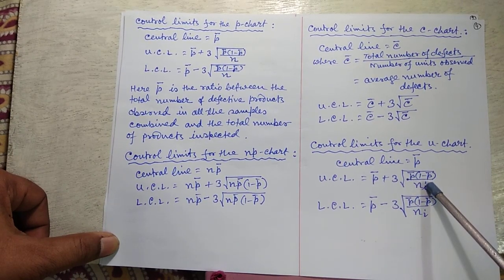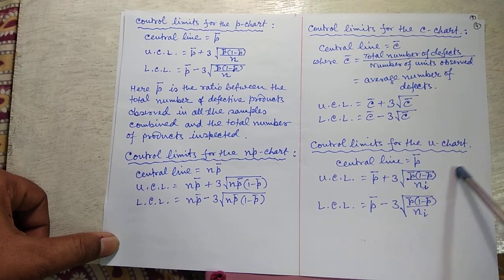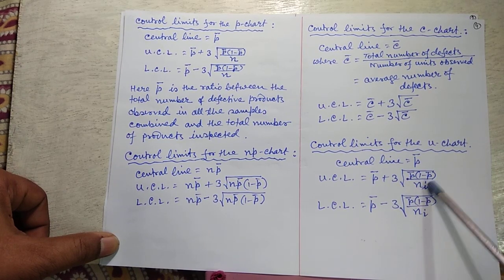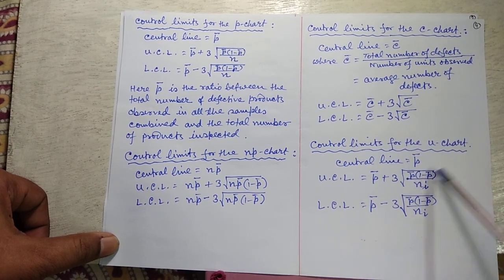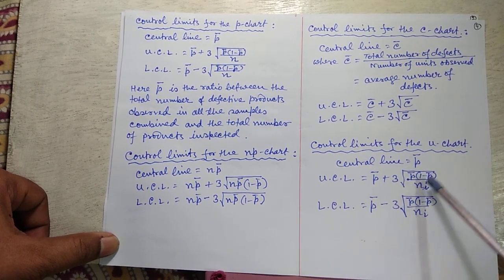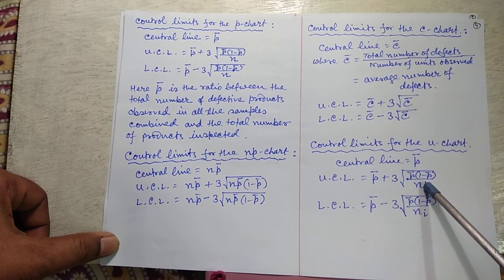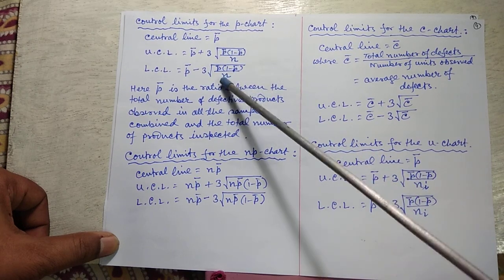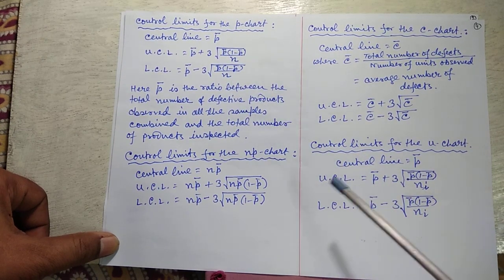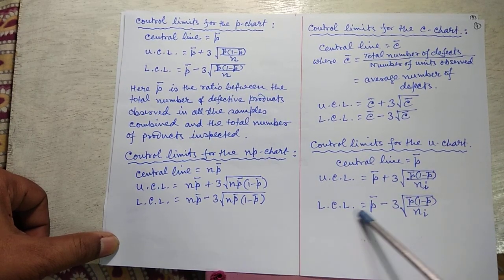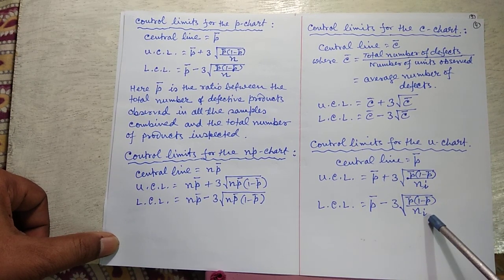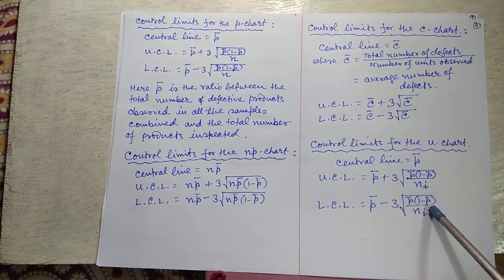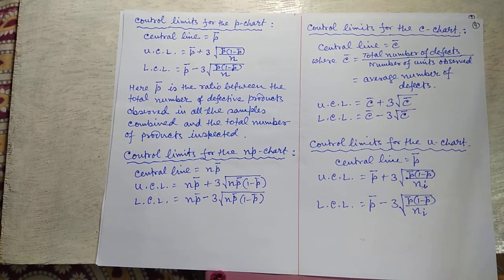So if for sample 1 it is 10, for sample 2 it may be 12, for sample 3 it may be 15. In this way the sample size changes here, and here all sample sizes are the same. So here lower control limit equals P bar minus 3 into root over P bar into 1 minus P bar by ni.